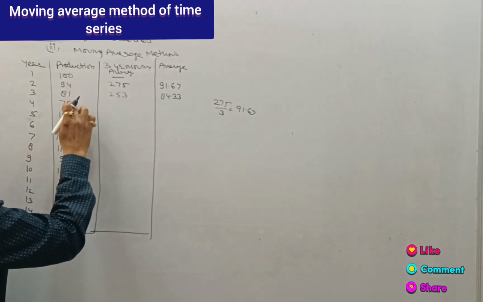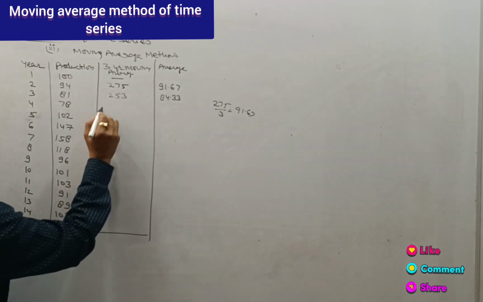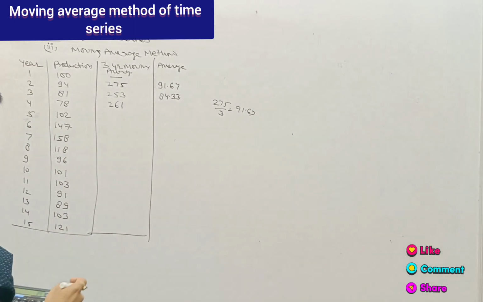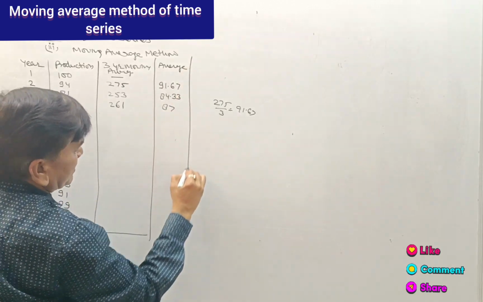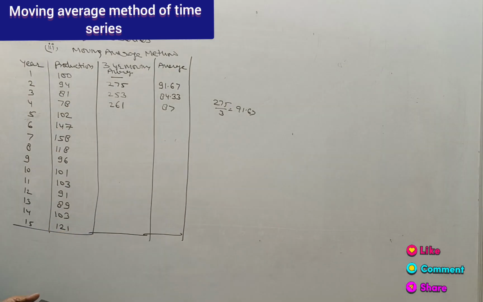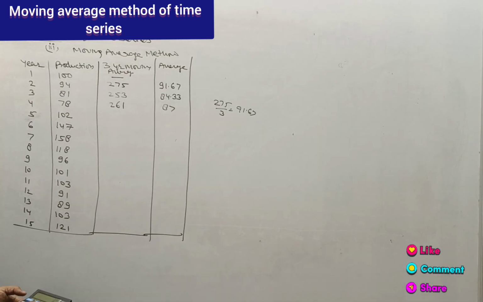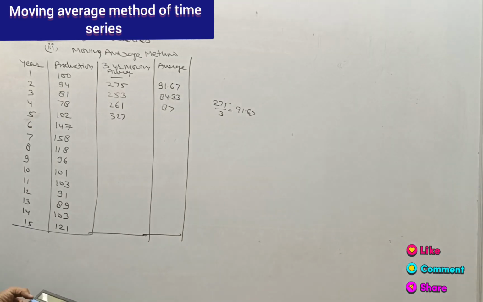Next, 81 plus 78 plus 102, so the addition is 261. Dividing by 3, that is 87. This is called moving average. Every time the window moves. Now 78 plus 102 plus 147, the total is 327. Divided by 3, the moving average will be 109.